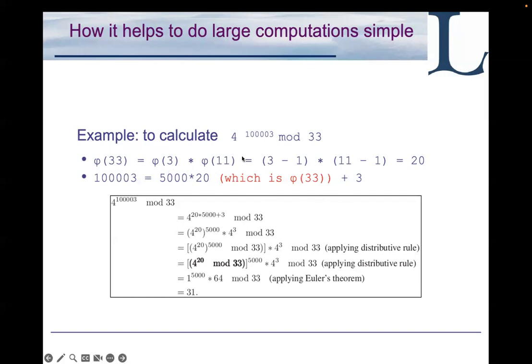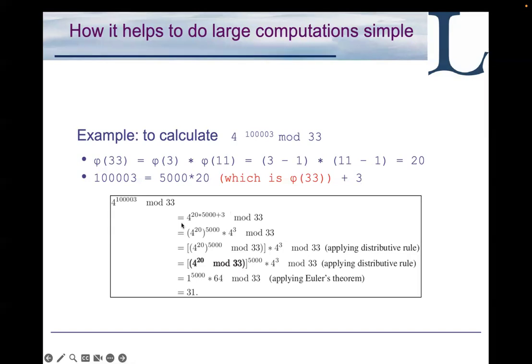Now what we do for simplification: we take this number, phi of 33, and try to find a multiplier that together with some additional integer gives you this large exponent. So it's 5,000 multiplied by 20 plus 3.